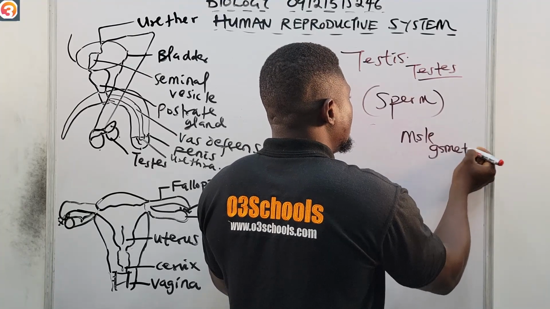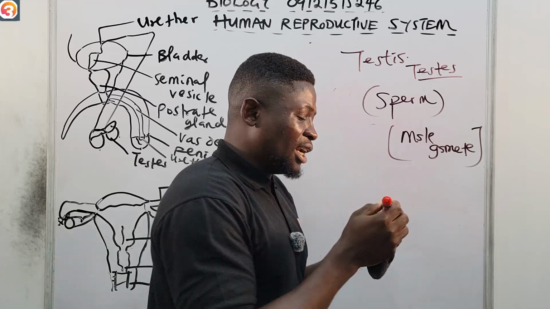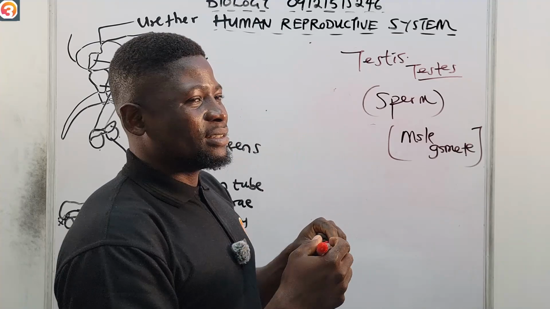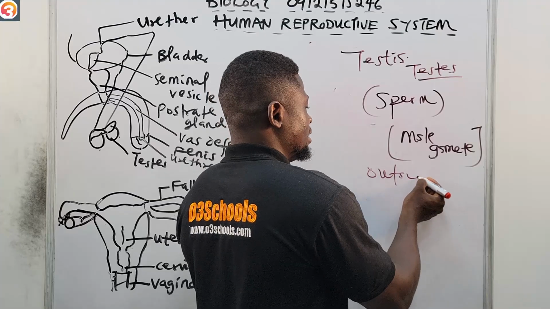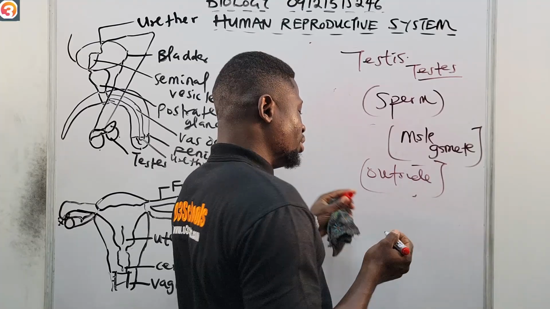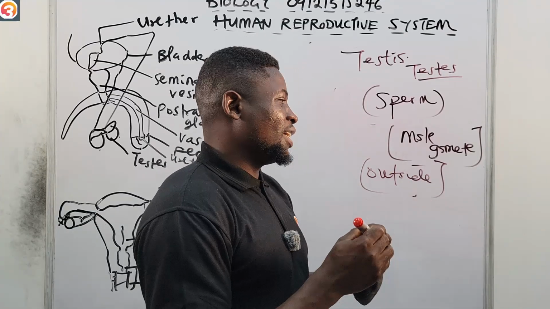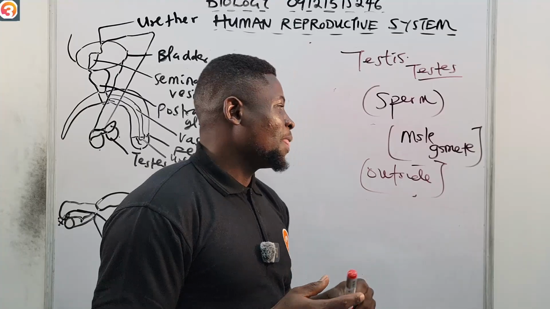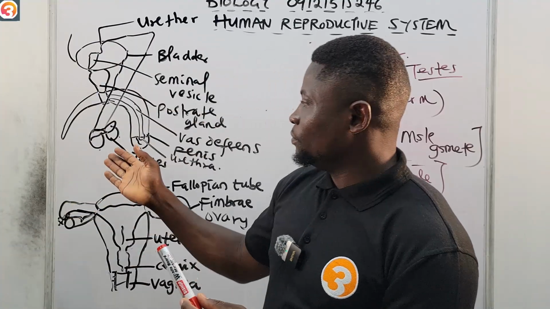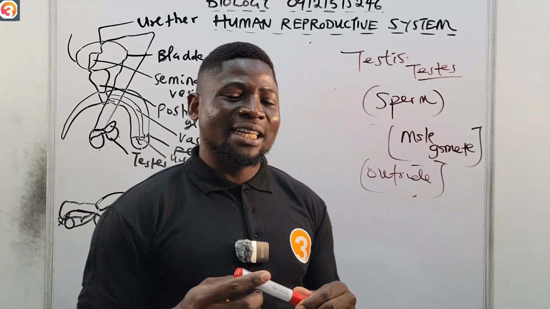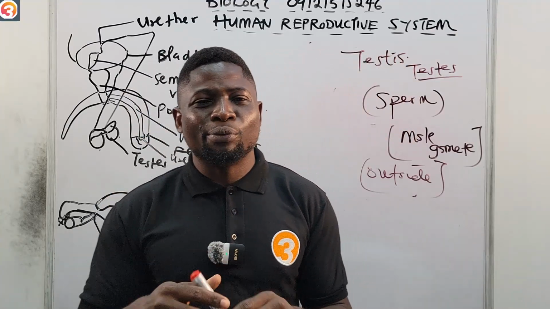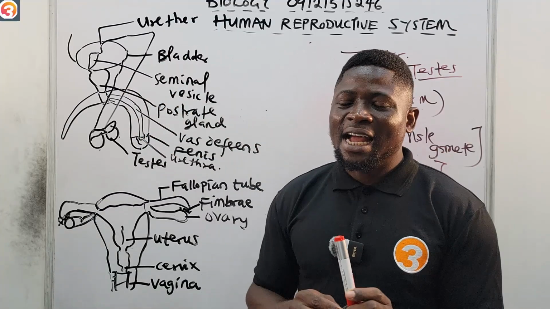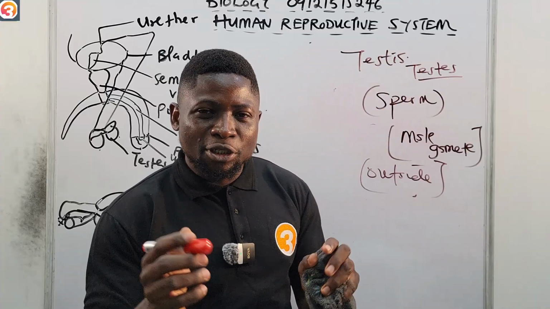The testes are located outside our body. They are not internal. And why are the testes located outside the body? The reason is that for proper functioning and production of sperm, there's a certain temperature that is required.